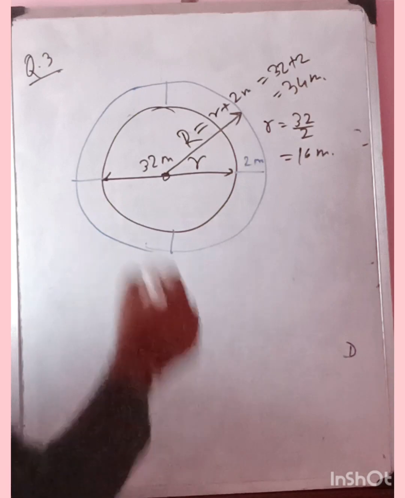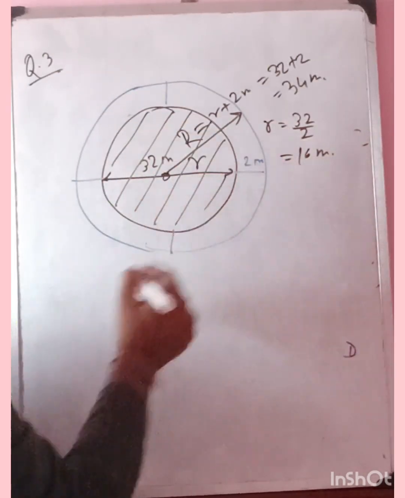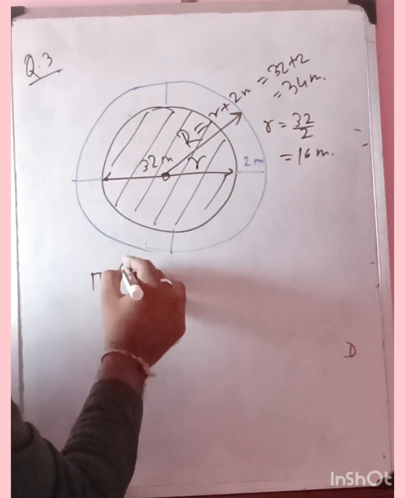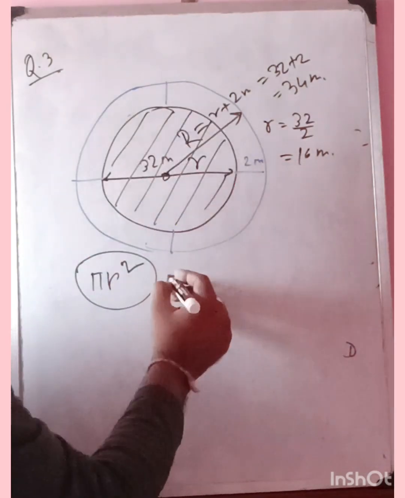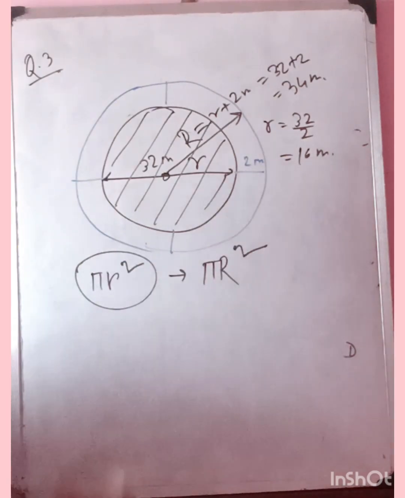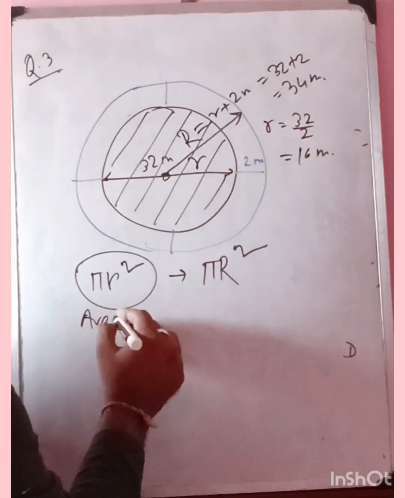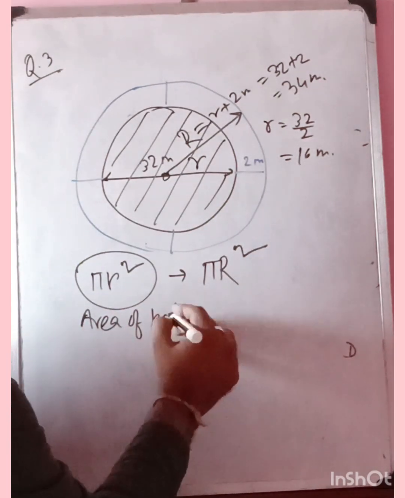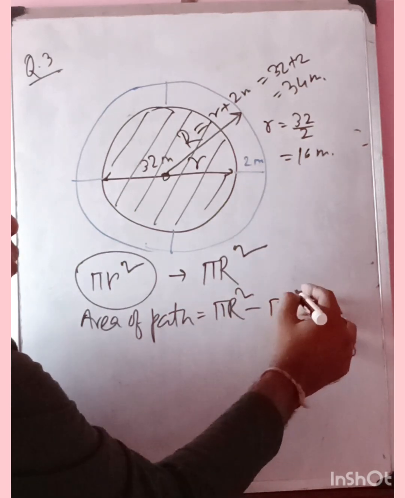Okay. So the area of the bed is pi r square, and area of the land with path is pi R square. So what is the area of the path? Area of path is pi R square minus pi r square.